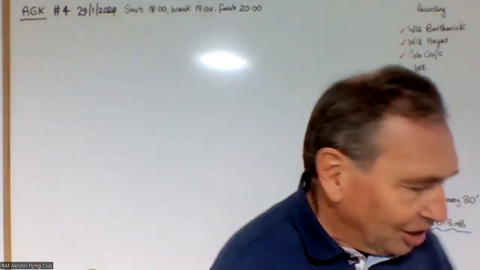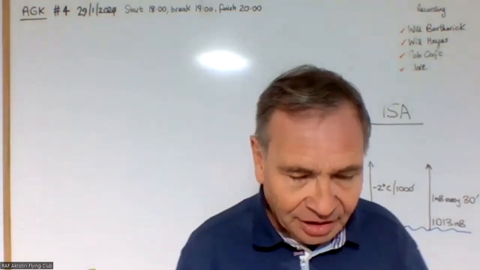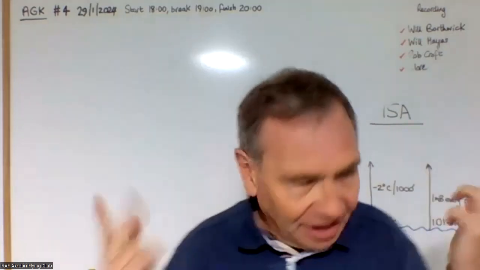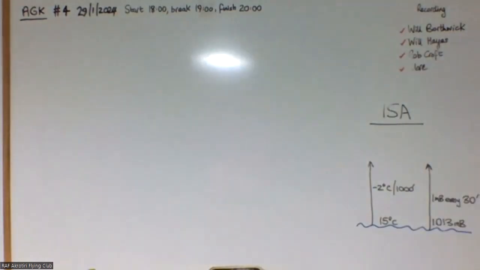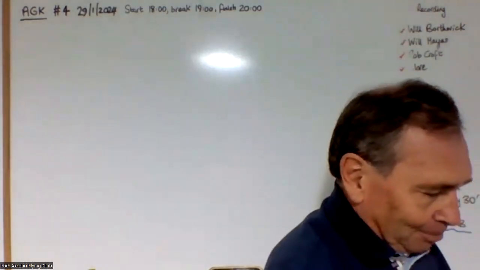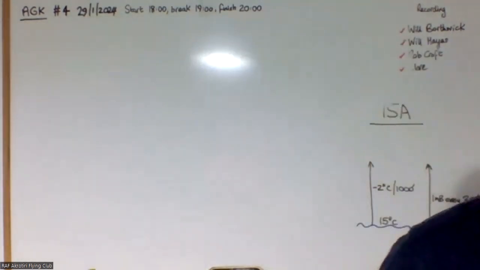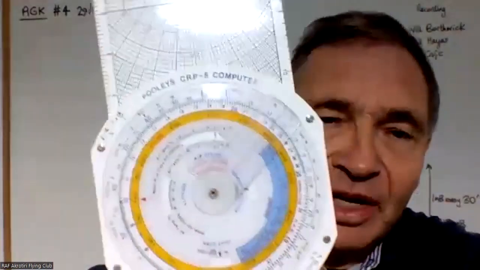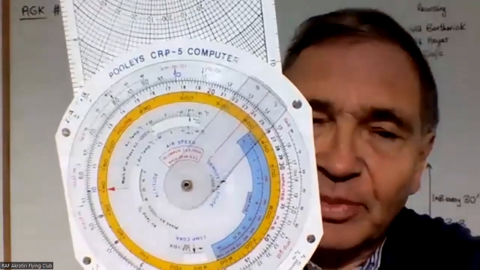Now, how are we going to convert? Sometimes we have to convert centigrade to Fahrenheit. So how are we going to do that? Can you have a look at your whiz wheel? Grab your little computer.